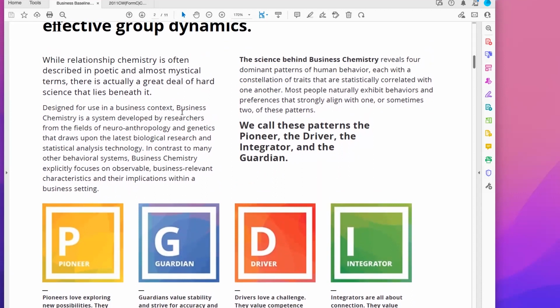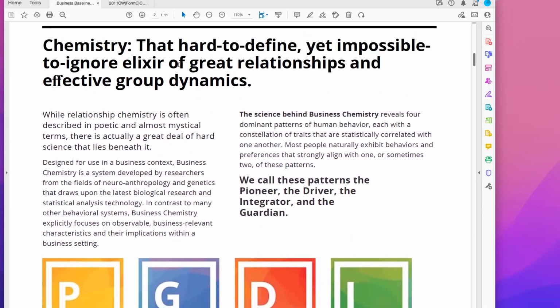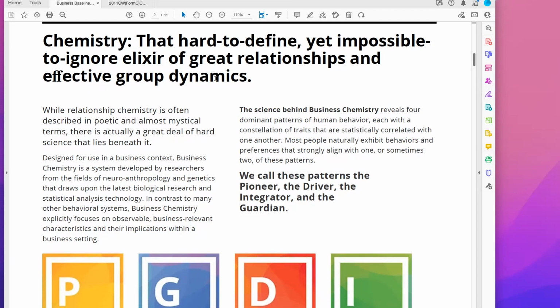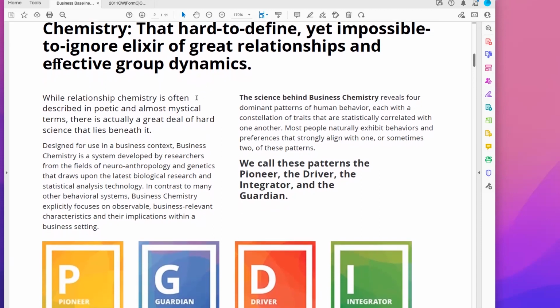Now, just to be clear about what they're trying to accomplish. They're saying that chemistry is hard to define, yet impossible to ignore, an elixir of great relationships and effective group dynamics. While relationship chemistry is often described in poetic and almost mystical terms, there's actually a great deal of hard science that lies beneath it.